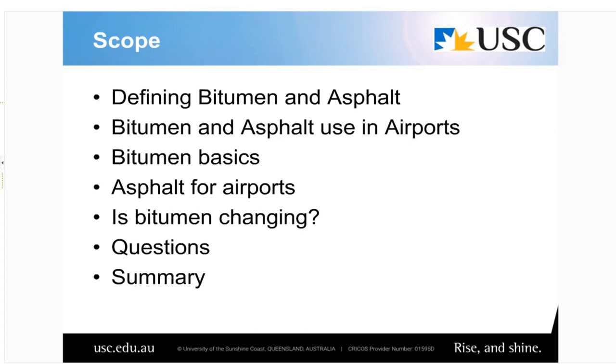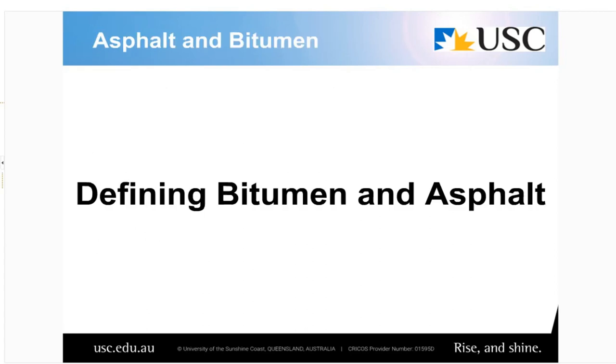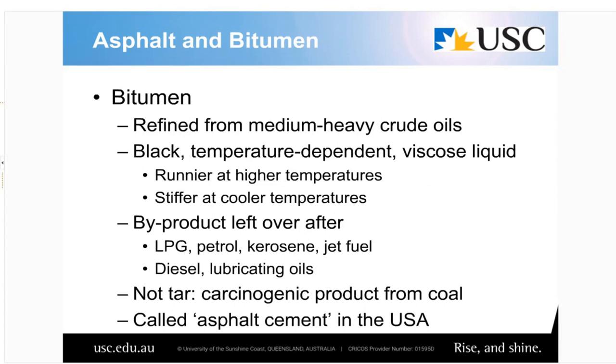And also my wife, who, when I was explaining to her something about bitumen one day, she first called it tar and then called it asphalt, and I decided that the world should be better educated on the differences between the three. So to a large extent, that's what we'll talk about today, and that's certainly what we'll start with, defining bitumen and asphalt and the differences between them. Because if we don't get those right, then the rest of it won't make any sense at all.